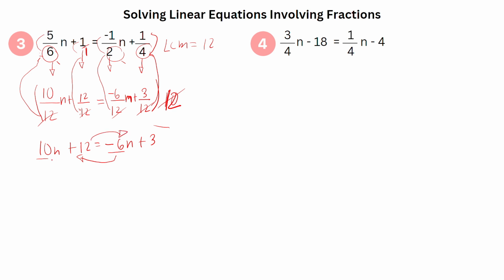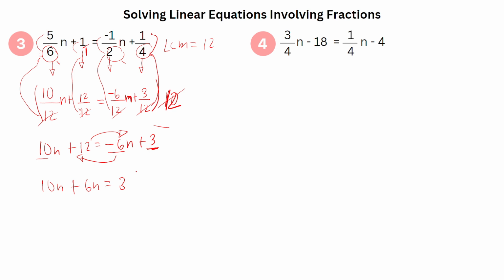So now, 10n, nothing happens, right? I'll just copy. However, it has a new companion, negative 6n. What will happen to negative 6n if you transpose it from right to left? It will become positive 6n equals, did 3 move? No, right? So I'll just copy the 3.